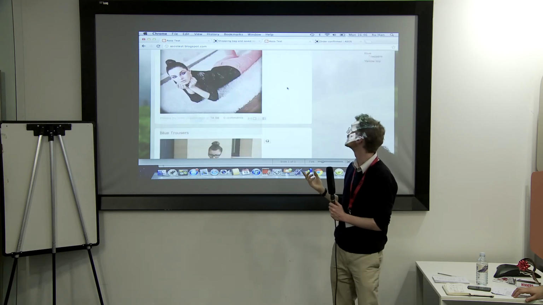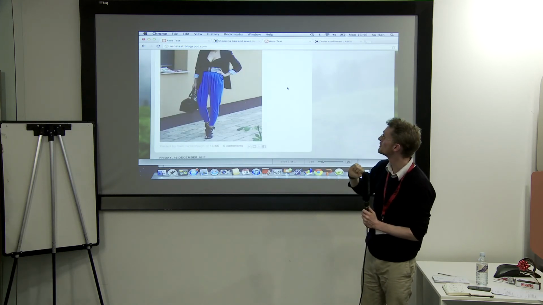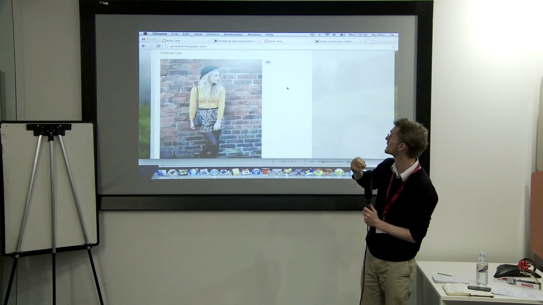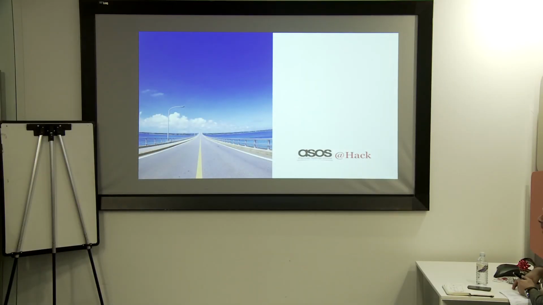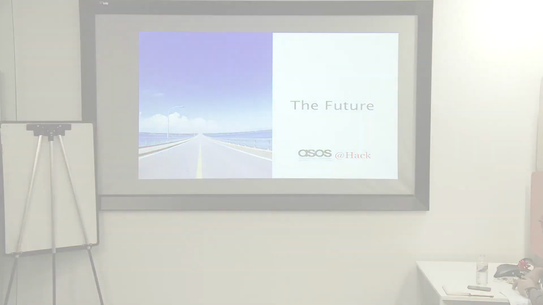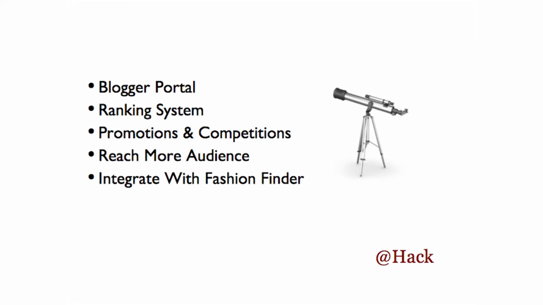Now, there's a lot of places you can go with this. This is live and functional. It is not only ready to go, it is in fact going. The future of these, where we want to go with this button: we want to have a blogger's portal so they can manage all the products, all the images they tagged. We want to have a ranking system so they can fight over who's the best seller or who sells the most things or who has the best style, if you like.